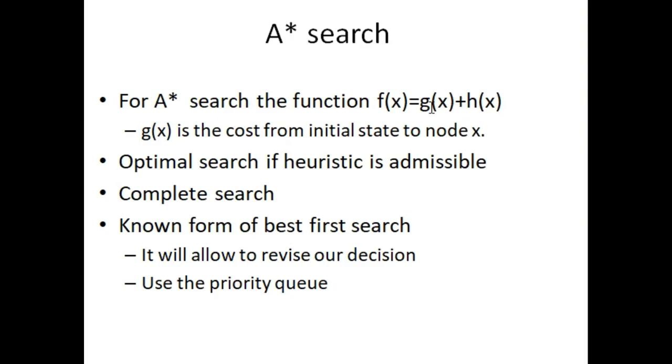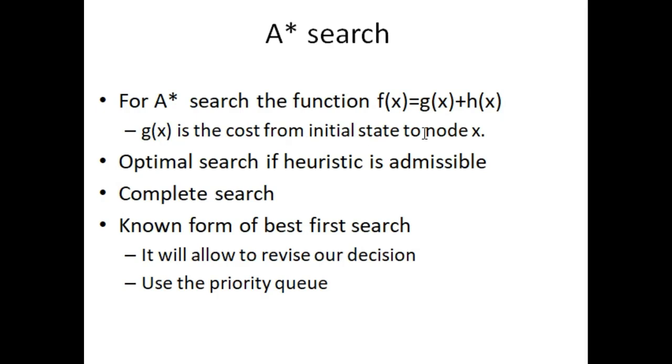So what is g of x? g of x is the cost from the initial state to the node x. So wherever we calculate g of x, the total distance from the root to that node will be equal to g of x.